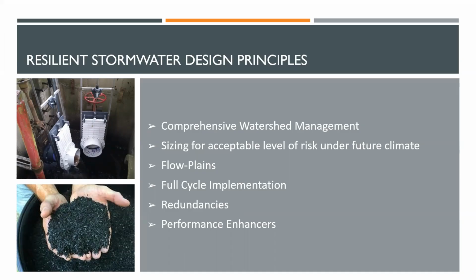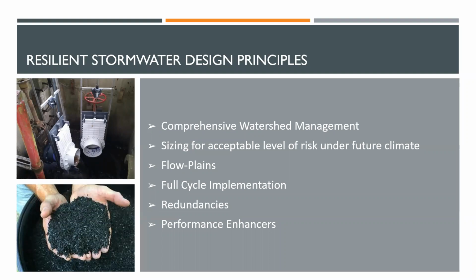Do we have redundancies built into the system? If something fails, is there something backing it up? If we're losing treatment or we're getting more bypass from our first line of defense, is there another practice in line to capture some of what might have missed our first BMP or gone around it or overtopped it?